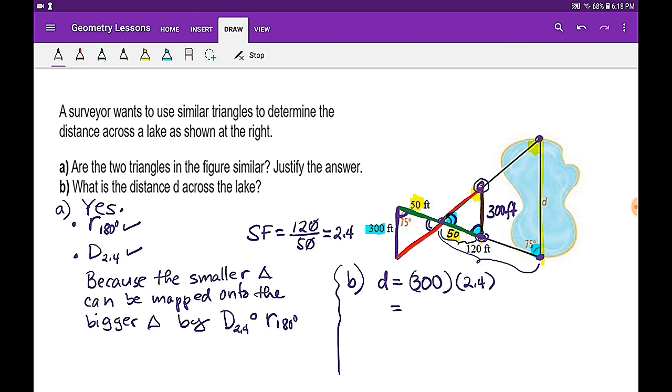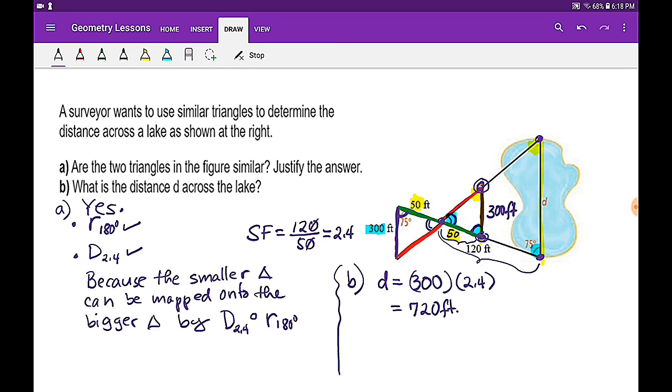And that will give us 300 times 2.4 is going to be 720 feet. So D is equal to 720 feet, which is the image length of 300 feet under a dilation with a scale factor of 2.4.